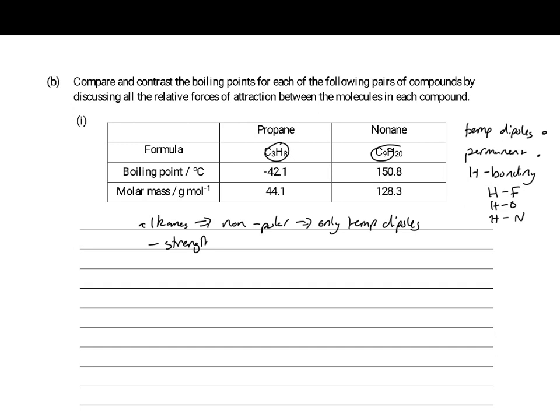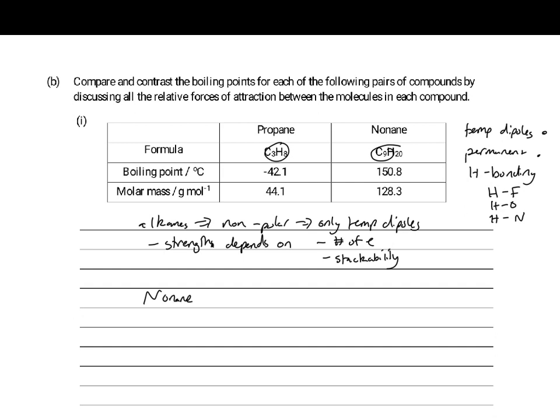It depends on the size of the molecule, specifically the number of electrons, and stackability, like how close the molecules can get to each other. In this particular case, both propane and nonane are long linear chain molecules, so the stackability doesn't come into play. So it's the electrons here that make the big difference.